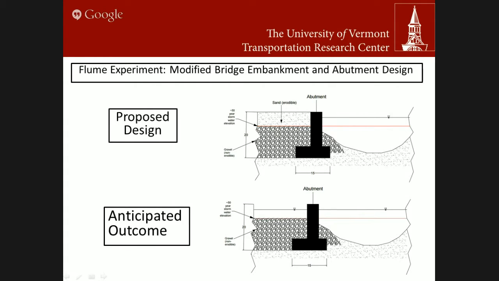But above that mark, I put a very highly erodible sand that would theoretically erode away in a very fast manner after the water level reaches that height. And so theoretically, with the water flowing down, after it reaches this height here at this red mark, this would erode away and open up that channel to allow additional flow and also debris passage that would theoretically reduce scouring.